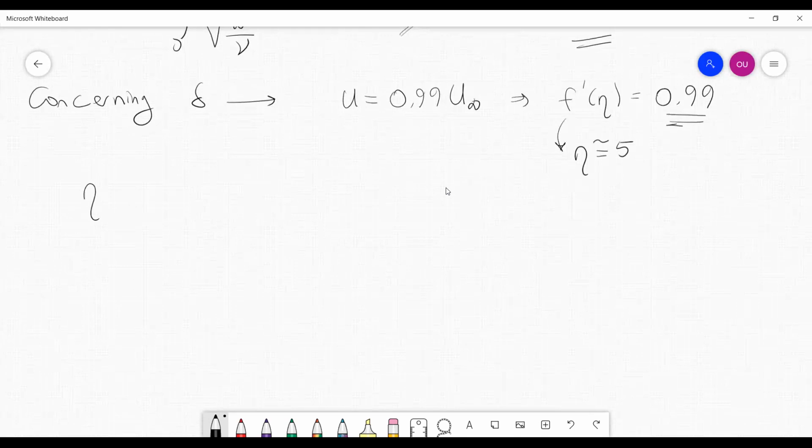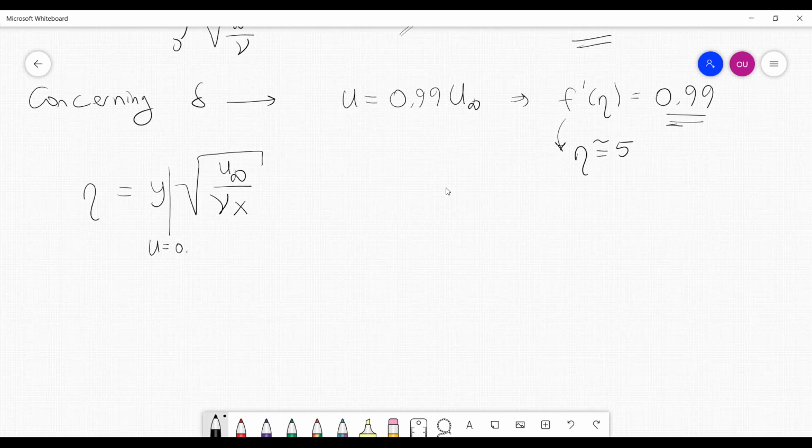How? Because using the eta definition, eta is equal to y times square root of U infinity divided by nu times x. So instead of y here, we can put the y value at U equal to 0.99 U infinity, so it will basically be delta. So this is going to be delta times square root of U infinity divided by nu x.